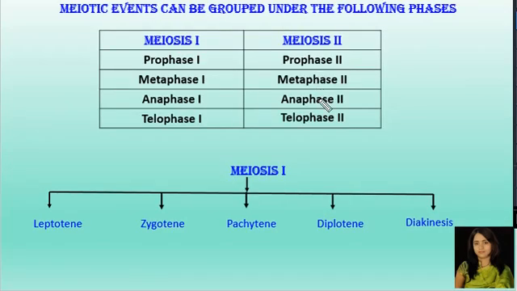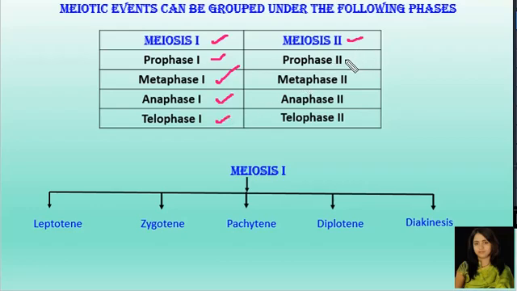So as I said, meiosis involves 2 sequential divisions, meiosis 1 and meiosis 2. In meiosis 1, there are 4 substages: prophase 1, metaphase 1, anaphase 1 and telophase 1.